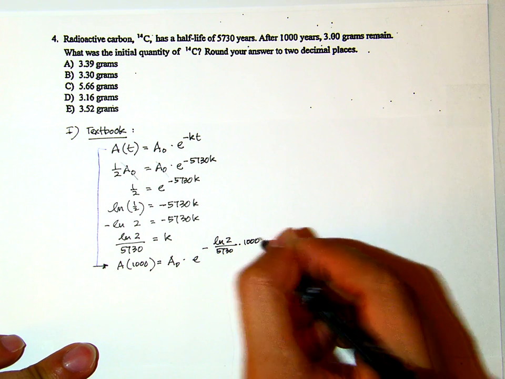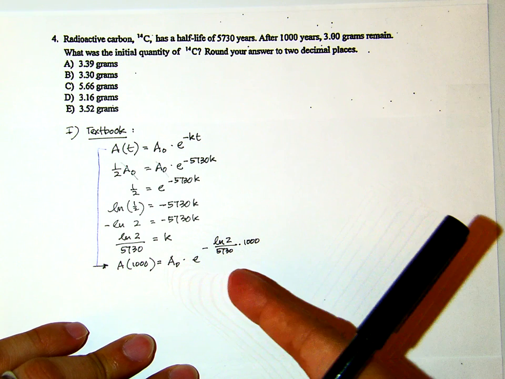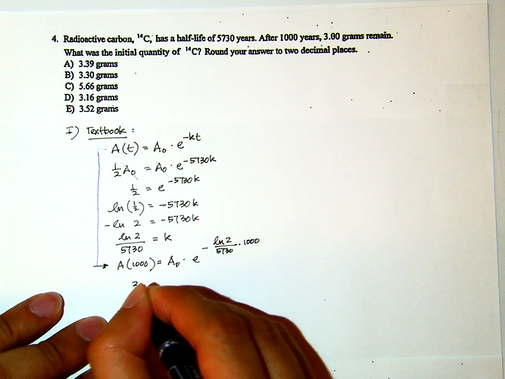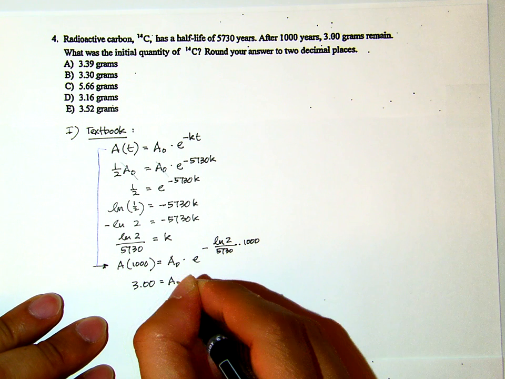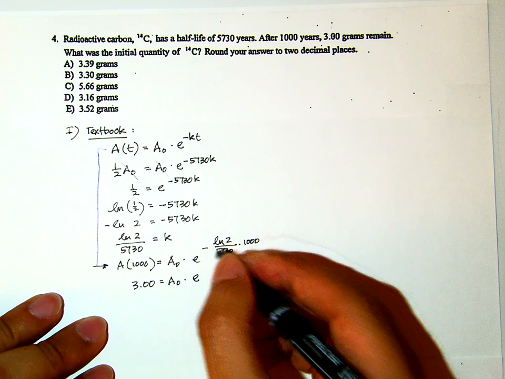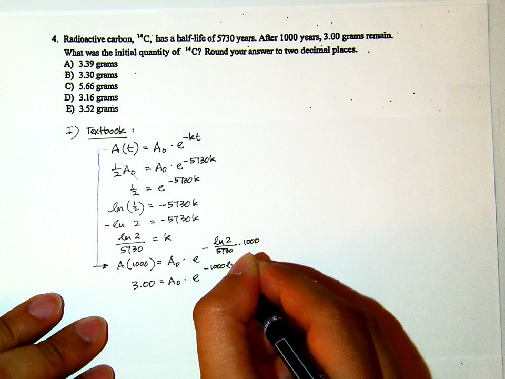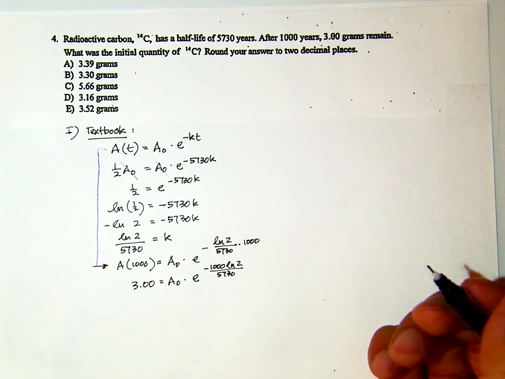That time is 1,000. Now you may say that you can compute this first, but we hold back a little bit. This is 3.00 equals initial amount times e to the negative 1,000 ln2 over 5,730.